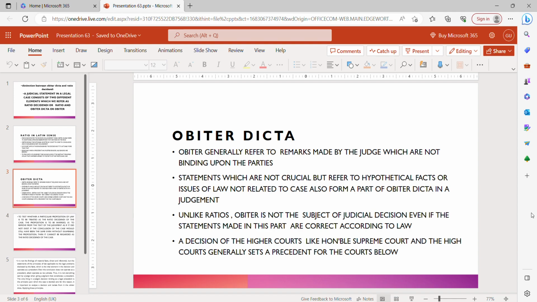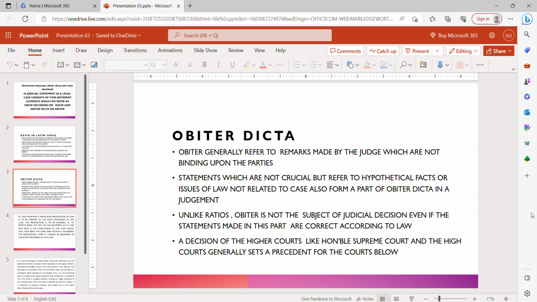Obiter dicta. Obiter generally refers to remarks made by the judge which are not binding upon the parties. Statements which are not crucial but refer to hypothetical facts or issues of law not related to the case sometimes also form a part of obiter dicta in a judgment.